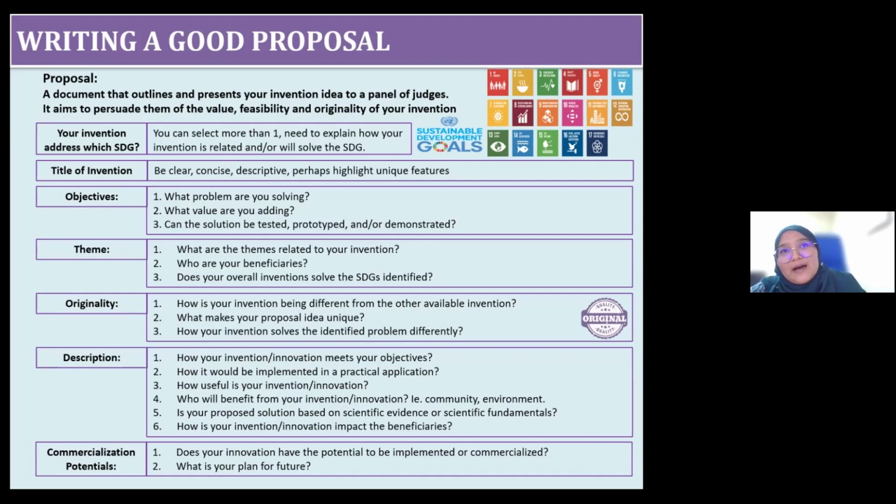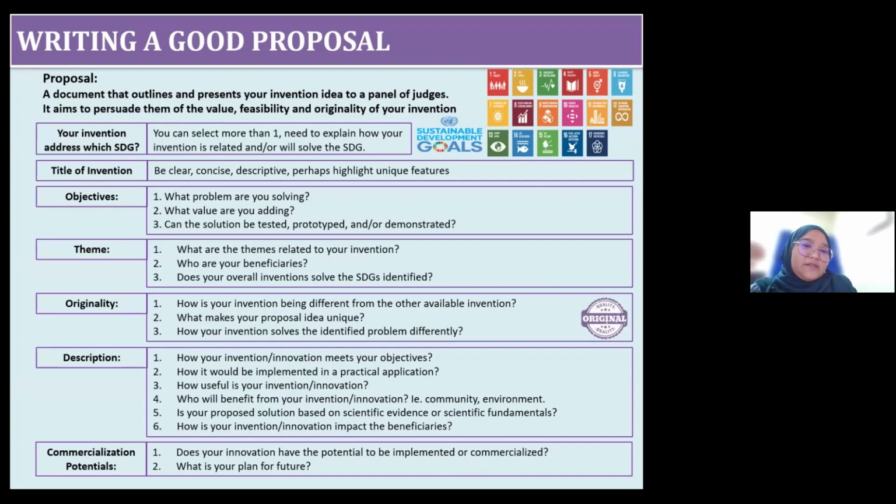For example, if your title is Adjustable Height Desk, it already shows that your desk can be adjusted up and down in height. Another example with unique features is Foldable Bicycle with GPS. From that title, we know that your bicycle can be folded and is equipped with a GPS application as well. The title already forecasts what your product or invention is about. So just make it very clear and simple, and highlight what your invention or innovation is about.